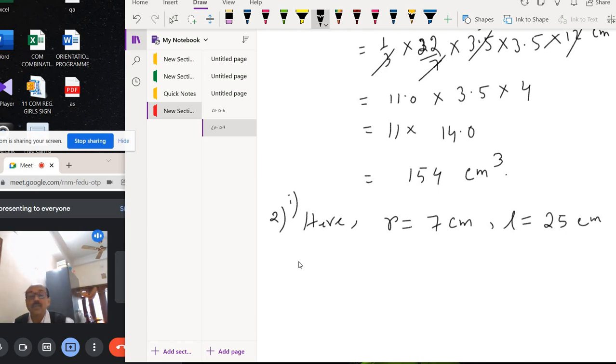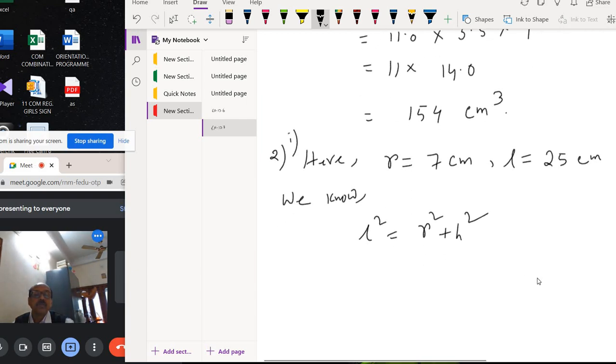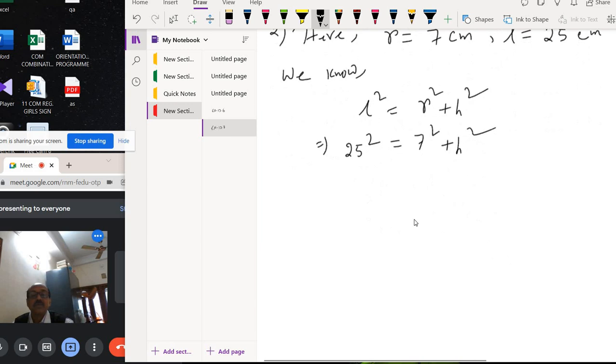Now we use the Pythagoras theorem. L square equals R square plus H square. L is 25, radius is 7. So 25 into 25, 625, equals 49 plus H square.